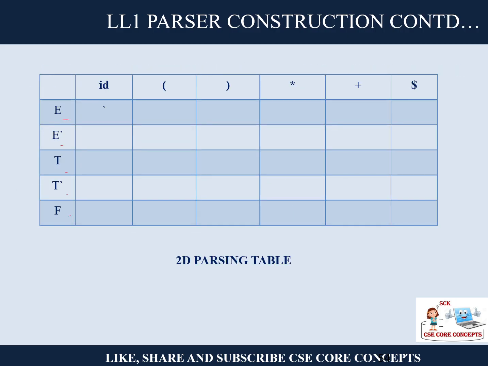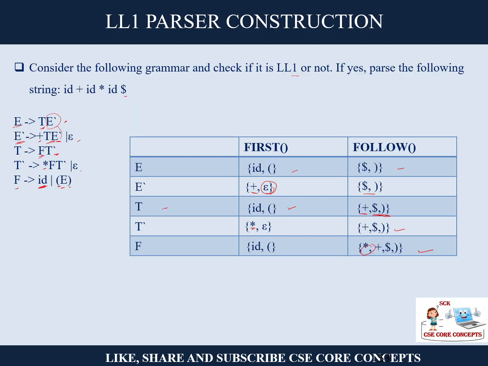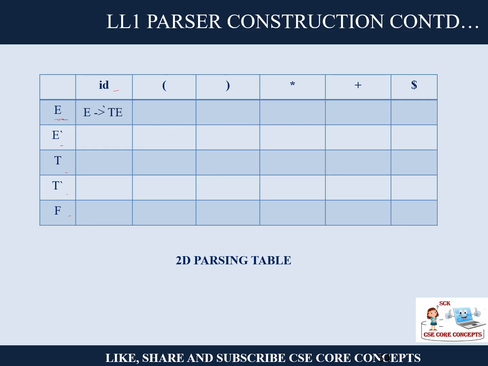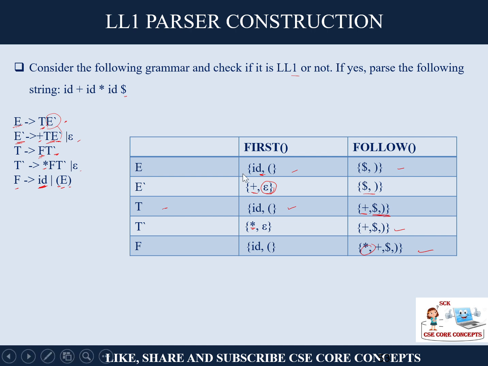You have to see E and ID. Which rule of E will you derive the ID from? ID is a terminal, right? So, what is the first here? You can find out that you can write E is TE prime.